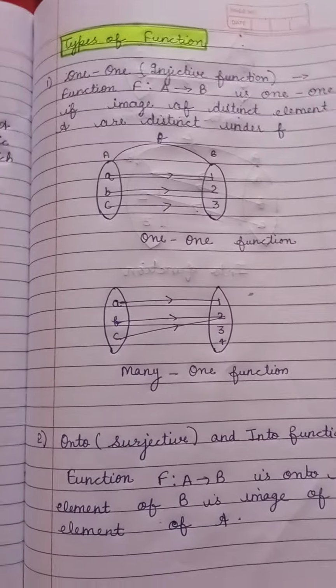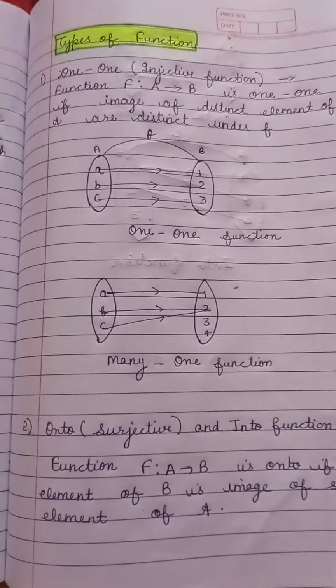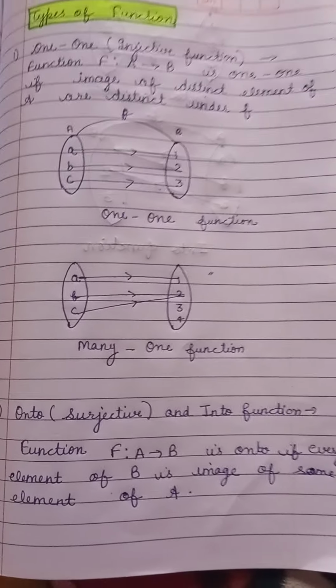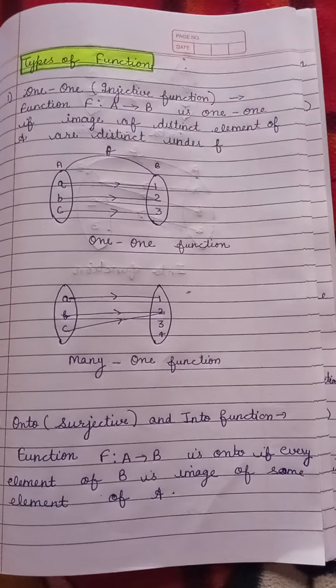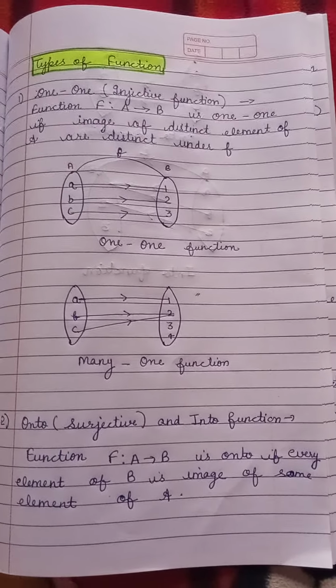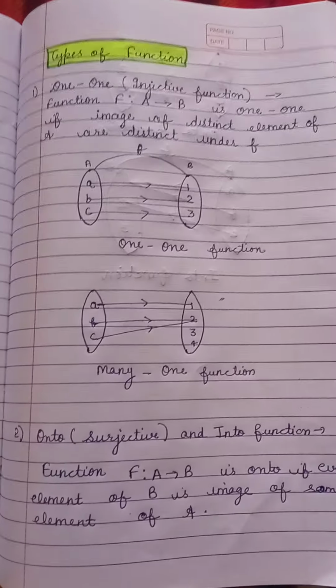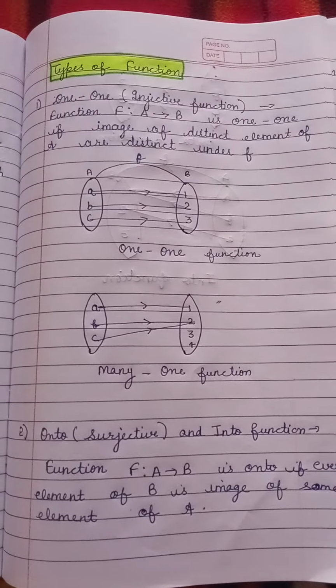Now let us discuss onto function and into function. An onto function is also known as a surjective function. Its definition is: a function f: A → B is onto if every element of B is the image of some element of A. For better understanding we can take an example of onto.